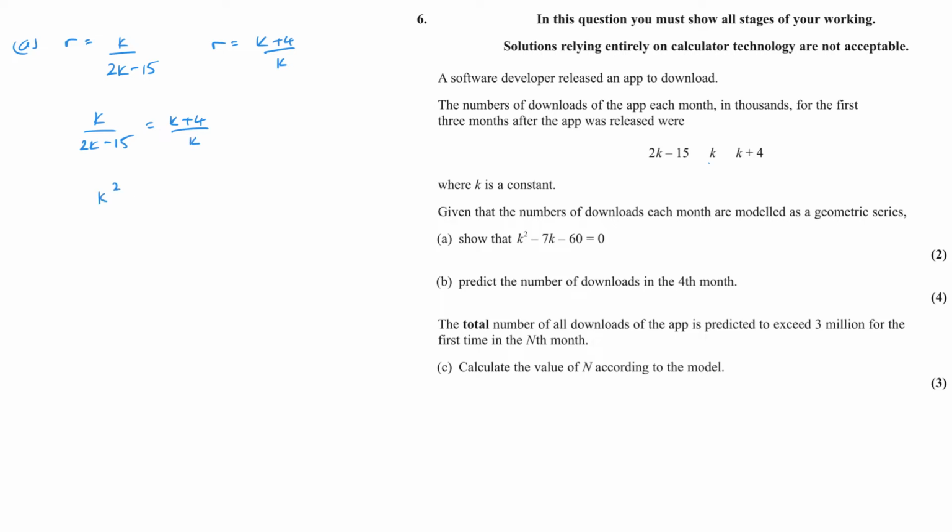So cross multiply like so. Just expand this bracket, so 2k squared minus 15k plus 8k minus 60.